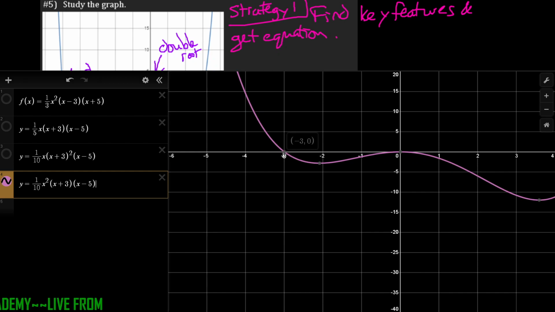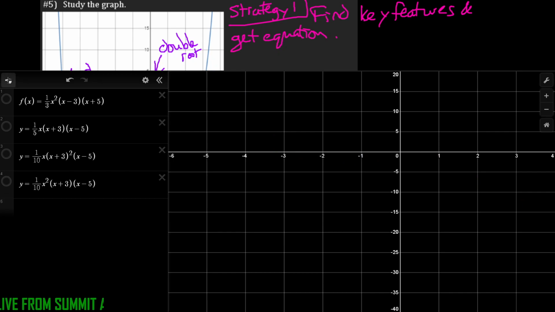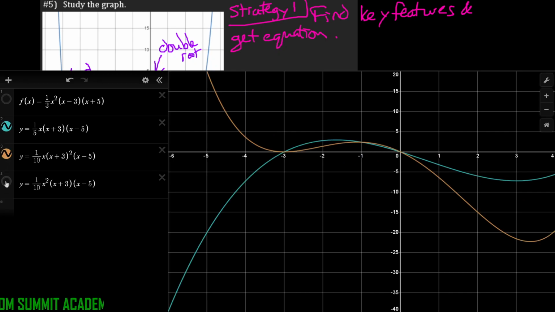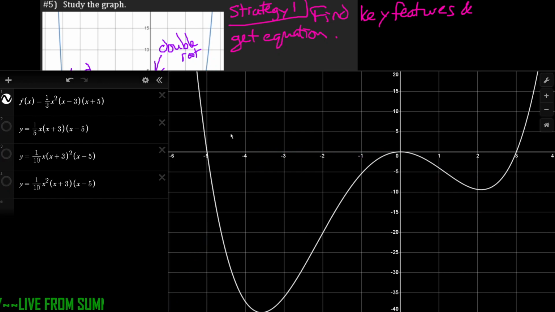Notice how my roots are incorrect because I need to have a root at -5 and I need to have a root at +3. So I know that this one is incorrect too. So again, if you wanted to use that strategy too, where you graphed each of those out, you'd be able to say, hey, I know that these are incorrect, but I know that this one is correct because it's the only one that matches the picture given.